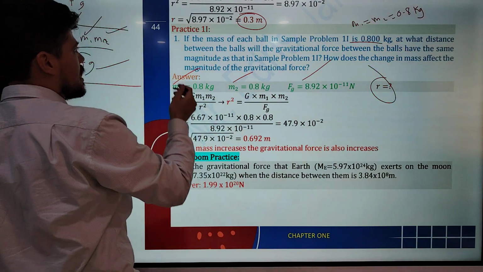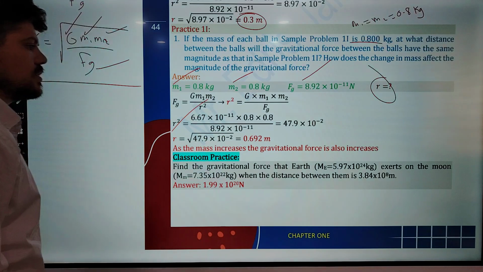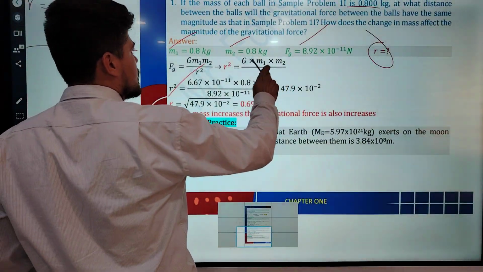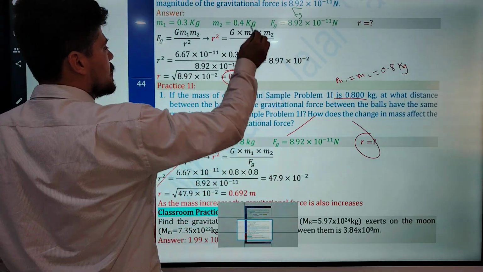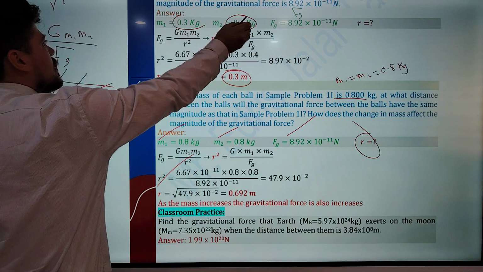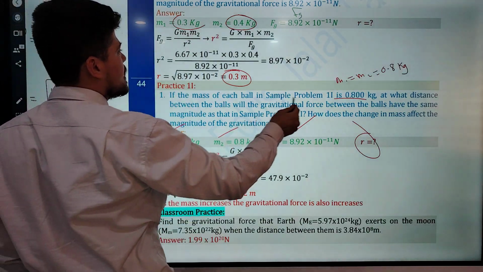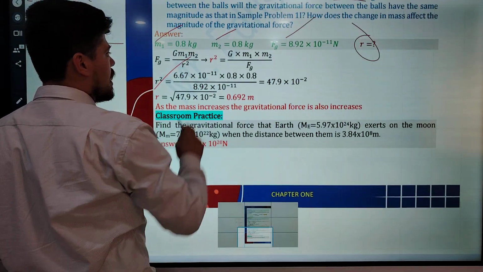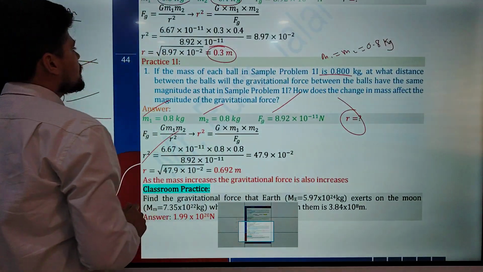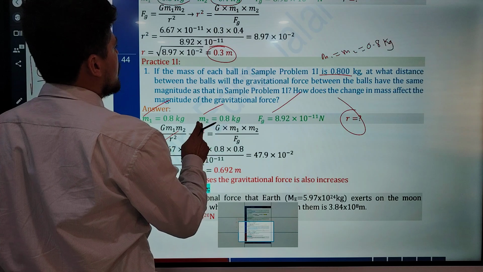M1 and M2 are given, and the gravitational force is also given. The same sample problem, same procedure, you can find it. As the mass increases, what happens to the distance? If you compare with the previous question, in the previous question M1 was 3 and M2 was 0.4. Look at the force: they have the same force.